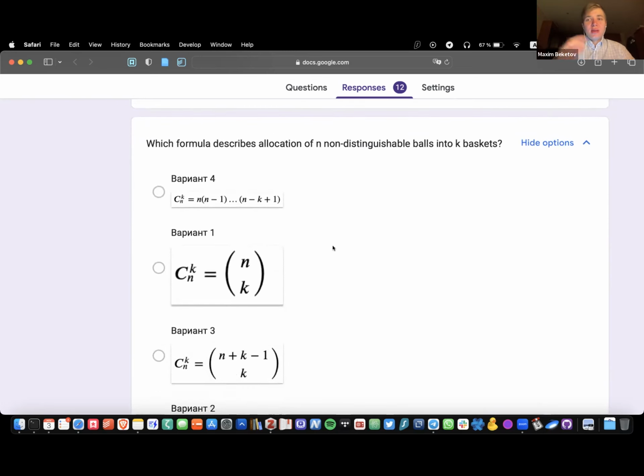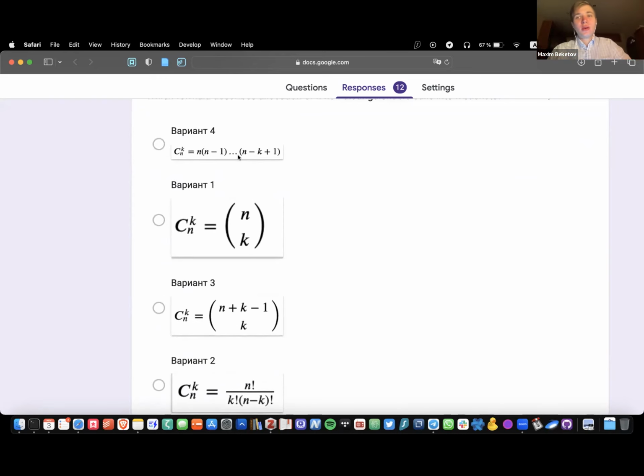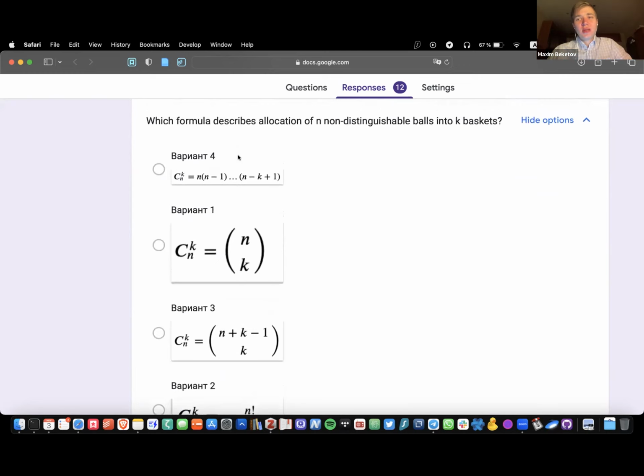It means that if it was this formula, then it would just mean that those k balls that we've picked, we enumerated them. But this does not give us information into k baskets.